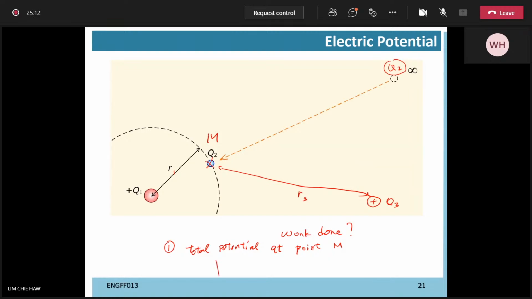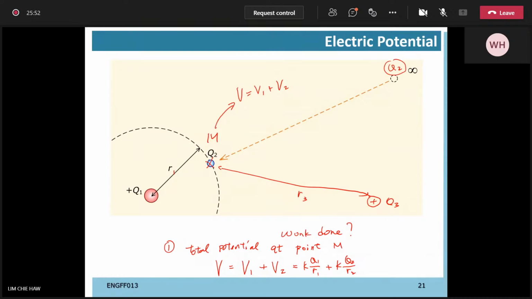So the total potential will be given by the potential from charge Q1 and the potential from the other charge. Do you see that? So at this point M, we will have this potential, which will equal, using a short form, K Q1 over R1 plus K Q2 over R2.